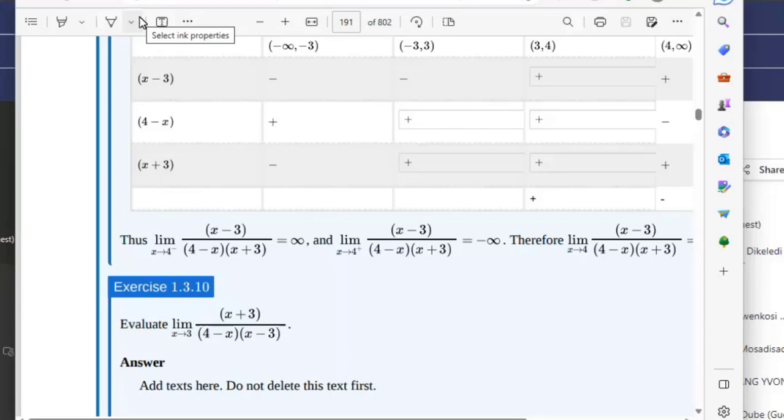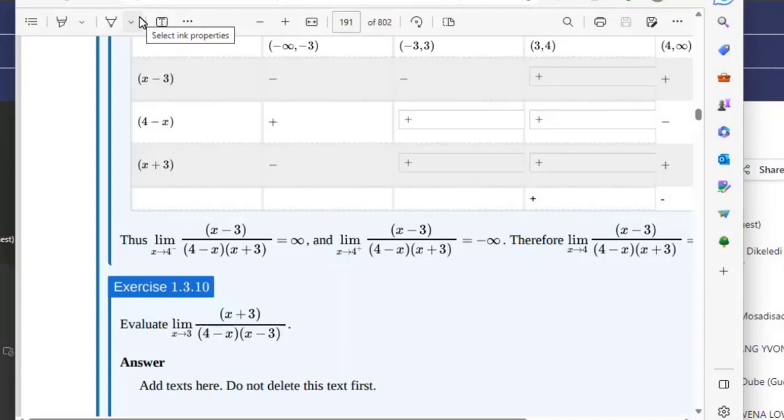Then I'll have the limit of x plus 3 over x minus 3 as x approaches 3 from the left. The reason I'm doing this is because I noticed, by observation, from the previous exercise, that when we put 3 in there, this expression becomes undefined.